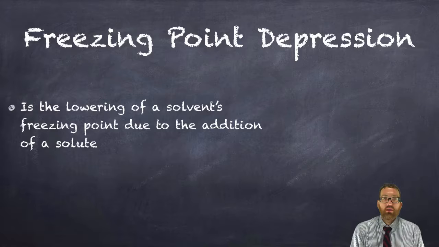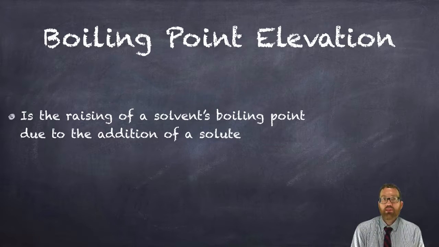So the freezing point depression is the lowering of a solvent's freezing point due to the addition of a solute. And it actually has an opposite effect on boiling point. So we have freezing point depression, but we also have boiling point elevation. Boiling point elevation is the raising of a solvent's boiling point due to the addition of a solute. So if you put salt in water and you boil it, water normally boils at 100 degrees Celsius.